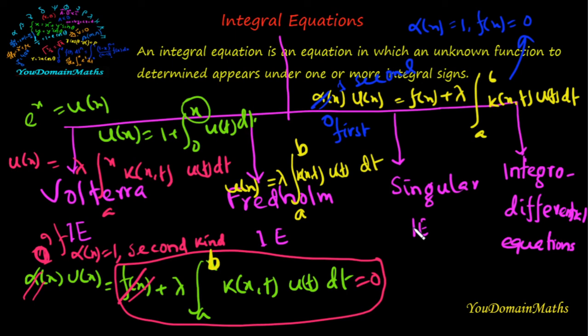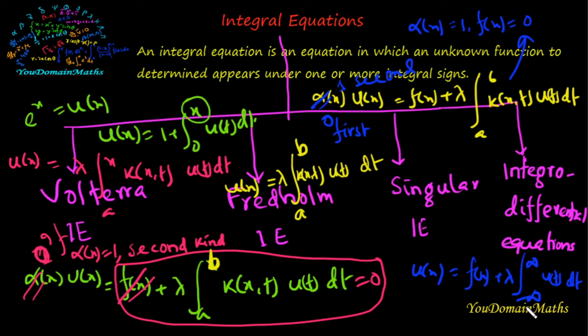Now we see a very simple example of a singular integral equation. u of x equals f of x plus lambda integral from minus infinity to plus infinity of u of t dt. It is a very small equation.